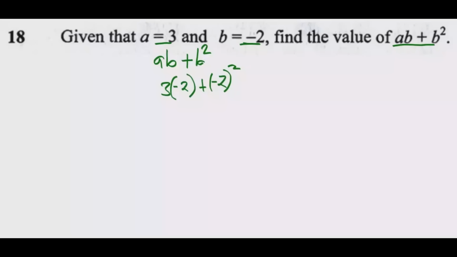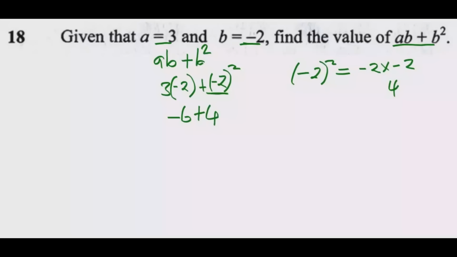Then next I'm going to evaluate so that I get rid of brackets. 3 by -2 will give us -6. Then negative 2 multiplied by negative 2. So this one in bracket, which is negative 2 raised to the power of 2, is equal to negative 2 times negative 2, which will give us positive 4. So we say plus 4.